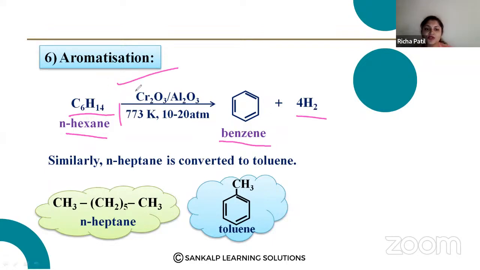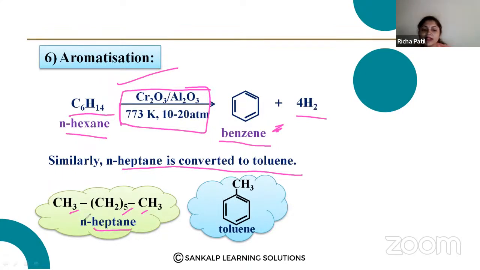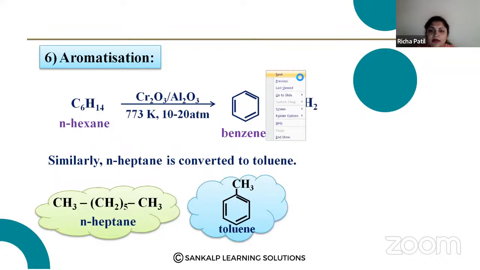Remember the conditions: from n-hexane, with these proper conditions, you can prepare benzene. Similarly, n-heptane, with 7 carbons, is a straight chain compound, and it undergoes aromatization under these conditions to give toluene, benzene substituted with CH3. So this is another chemical property.